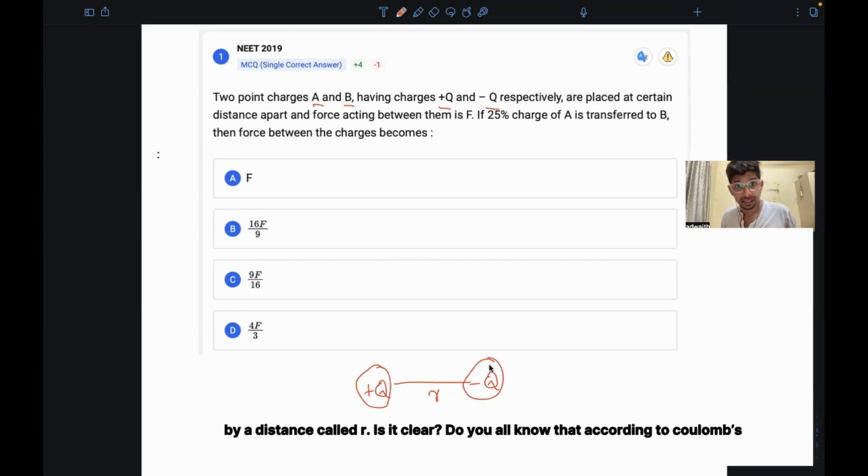We all know that according to Coulomb's law, if there are two charges, there will be a force experienced between them. That force is called Coulomb's force.